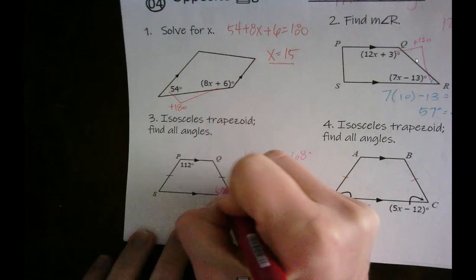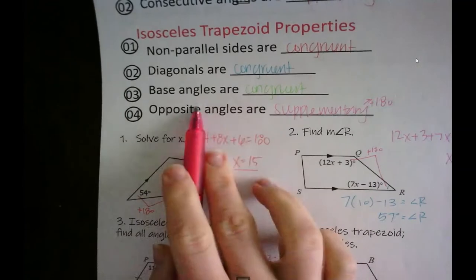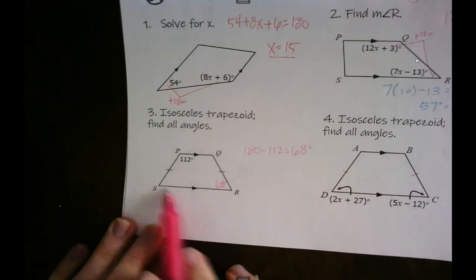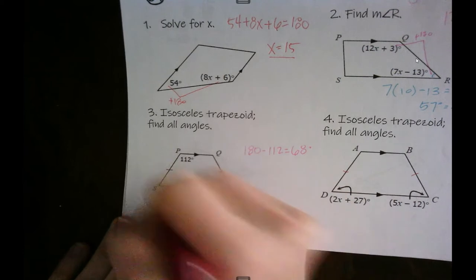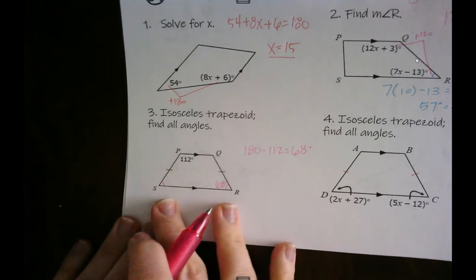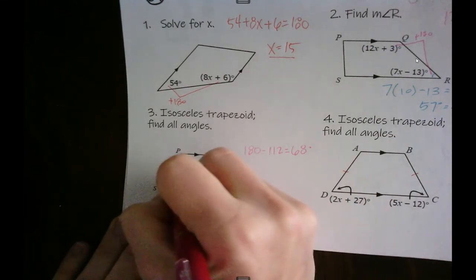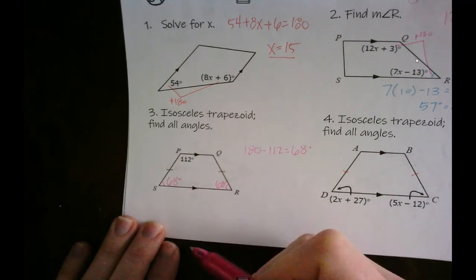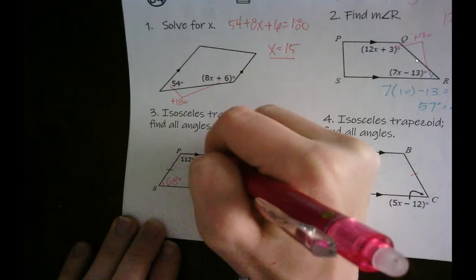So r is 68 degrees. Base angles are congruent. Base angles are just what you think they are, the ones at the base of the trapezoid. So this is going to be 68 as well. That means this also has to be 112 degrees here.